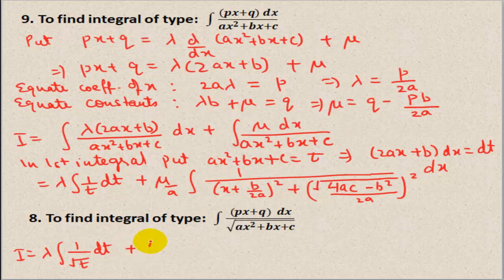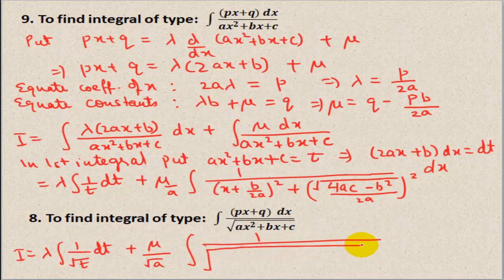Okay, and here we get mu times, this will not be a now, it will be square root of a, and here we get 1 over this entire expression under the square root. Sum of two perfect squares or difference of two perfect squares under the square root. This whole square of this, and then square root of 4ac minus b square divided by 2a.